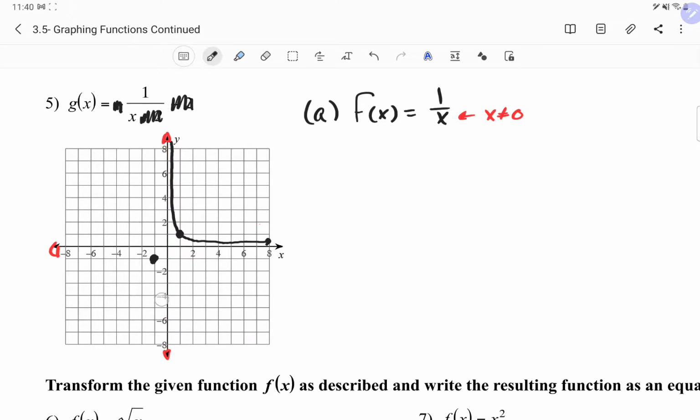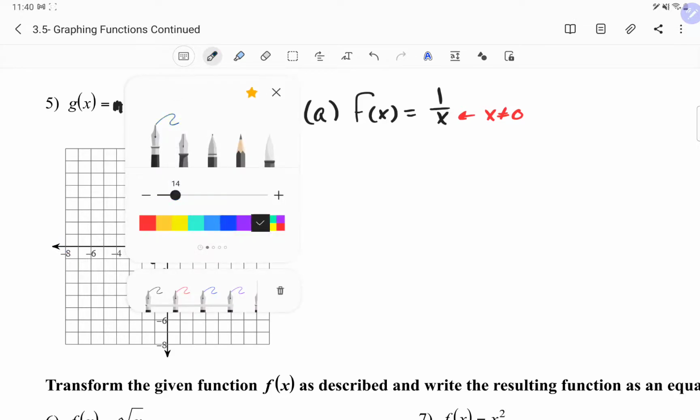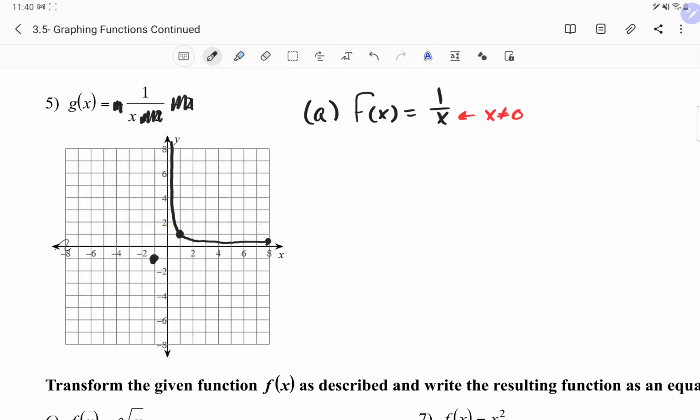It's going to do the same thing over here. It's going to get really, really close to the x-axis. Oops, wrong color. It's going to level out at -1, -1, and it's going to shift downward. So this is, again, what the parent function looks like.